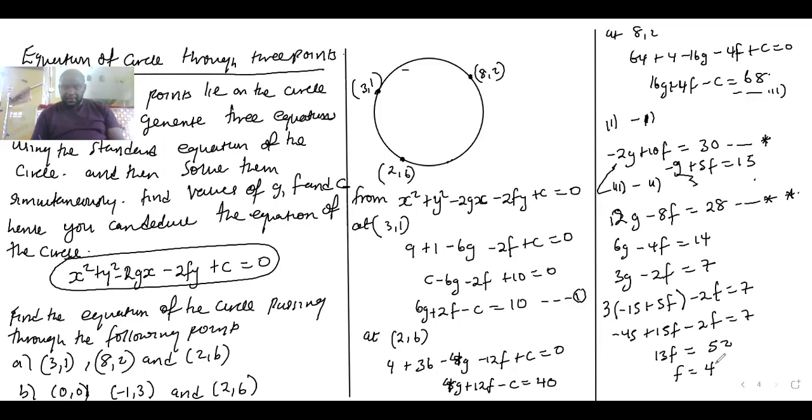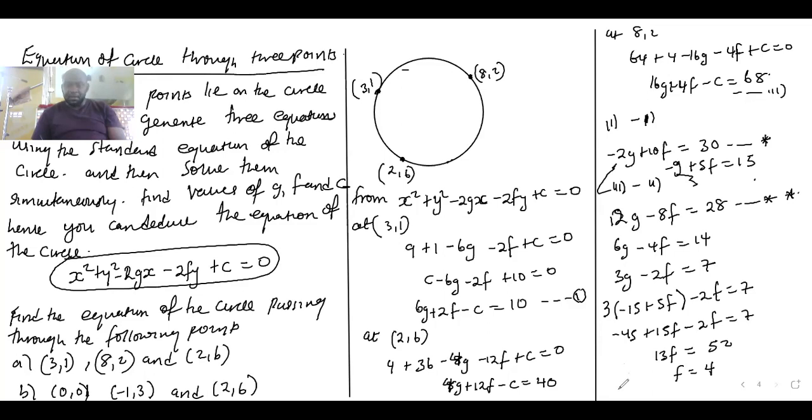Yes? F is 4. What is Y? I mean G. If F is 4, G is going to be negative 5.